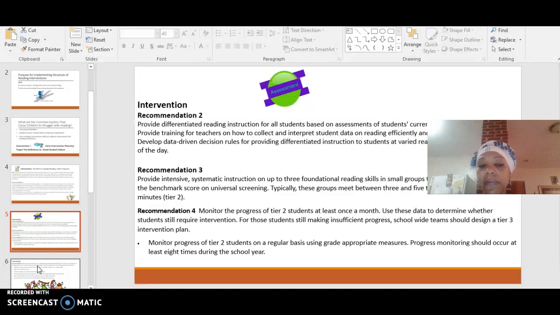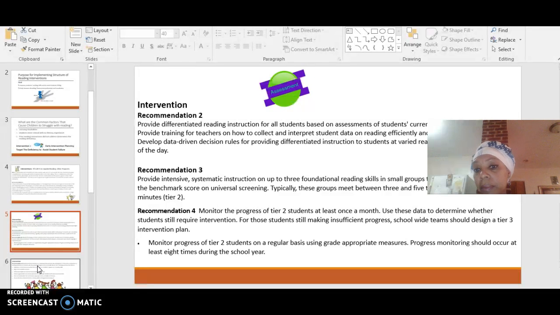So you want to look for those foundational skills, as well as how the student reads expressively. Does the student understand when he sees certain grammatical language, such as exclamation points? Does the student stop when he sees a comma? Those sorts of things.